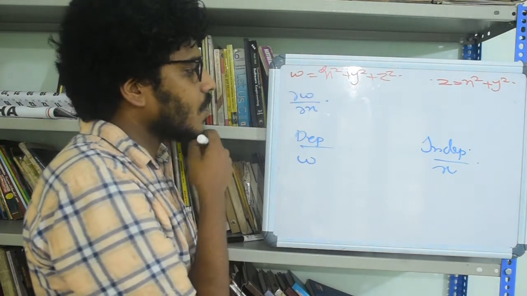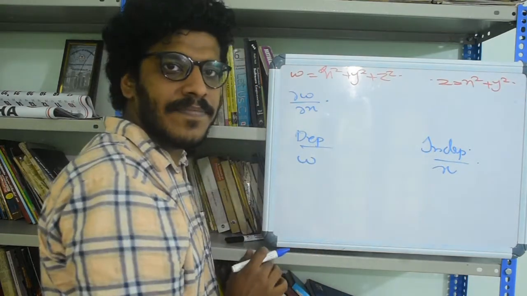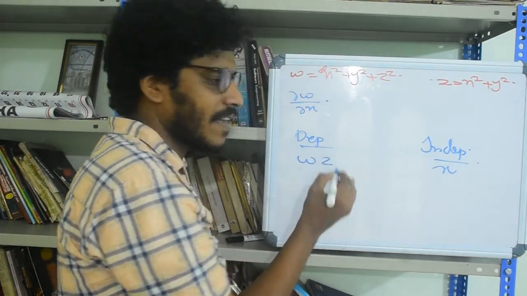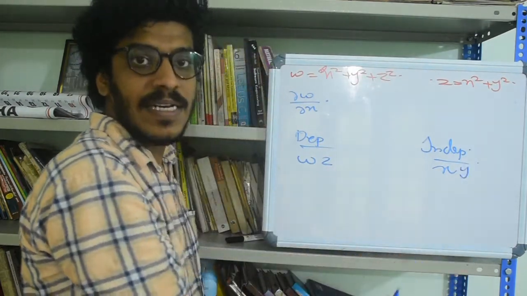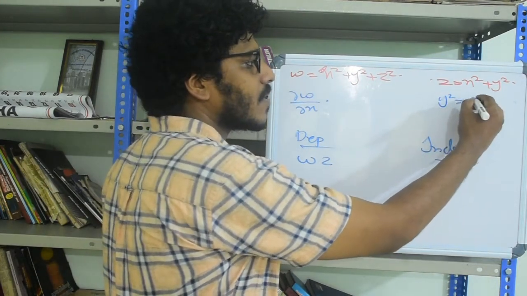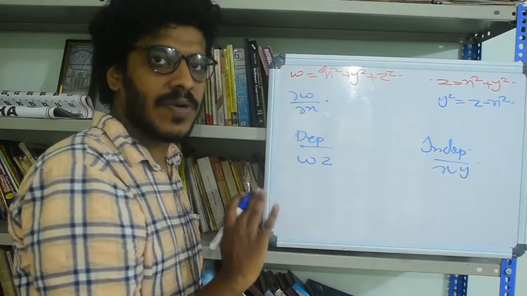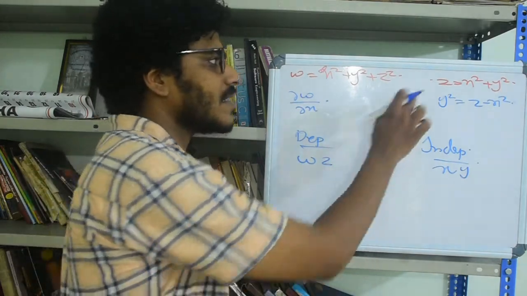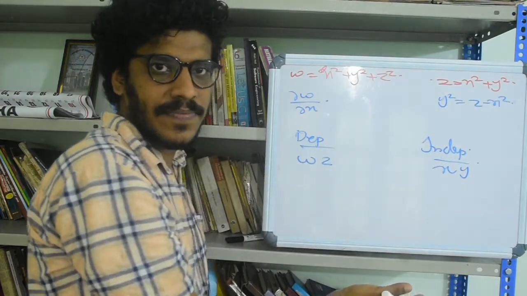So Z is actually depending on X and Y. So Z is a dependent variable, and obviously for that reason Y has to be an independent variable, since we do not consider the equation Y square equal to Z minus X square here. We do not consider that. We just consider Z as a function of X and Y, not Y as a function of Z and X.